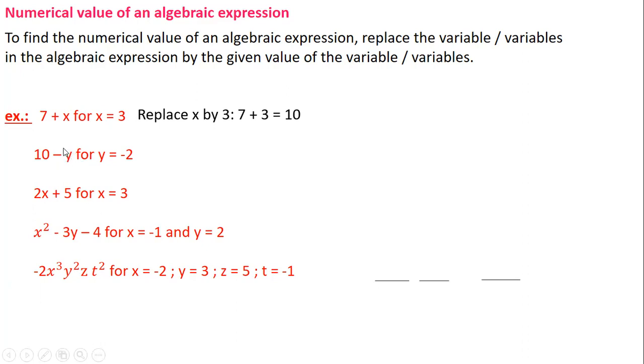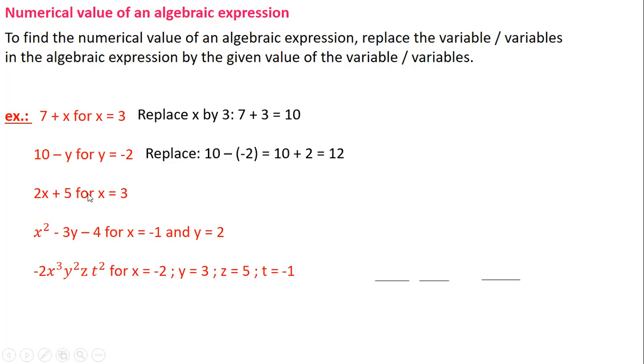So always, in front of the variable, if there is a sign, we should replace it between parentheses. So I will write 10 minus, and this y is replaced by negative 2 in between parentheses. Why? Because we cannot write a negative and a negative after each other. Now 10, negative times negative is positive 2, so 10 plus 2 is 12.